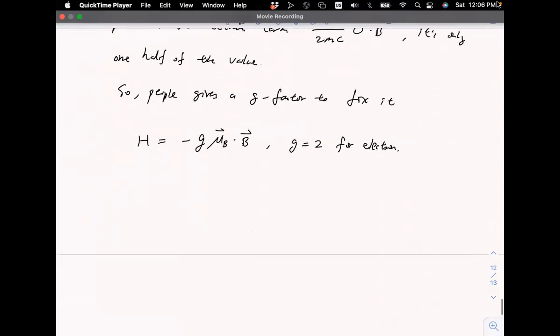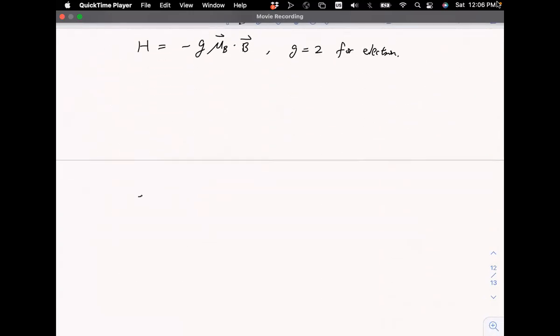So for example, for electron, the mu is negative e h bar over m_e times sigma. For proton, let's say this is e, then it is p.